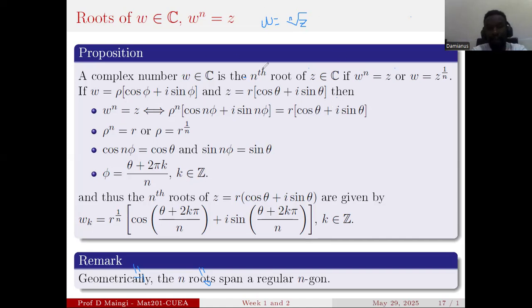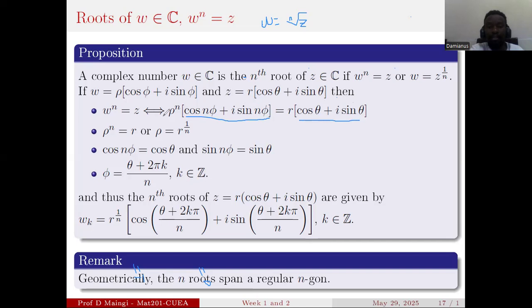W raised to power n is Z, so this is rho to the n, cos n phi plus i sin n phi. If you raise this to power n, you get Z, so this corresponds to this. The correspondence is there and there.